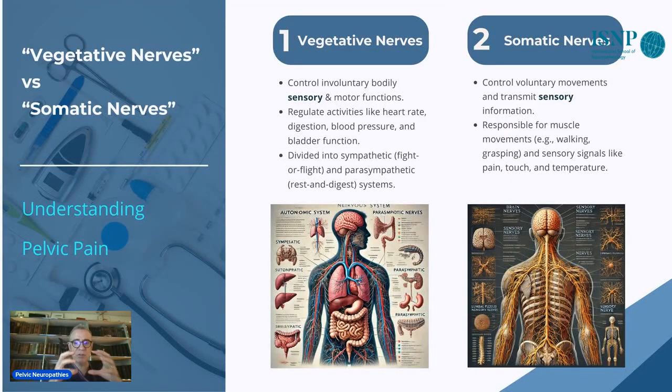All these nerves are divided into two groups. You have on one side the vegetative nerves, and on the other side the somatic nerves. The vegetative nerves are sensoric and motoric. Motoric means bringing the information down from the brain to the lower back, the pelvis, and the lower extremity, and sensoric to the brain.